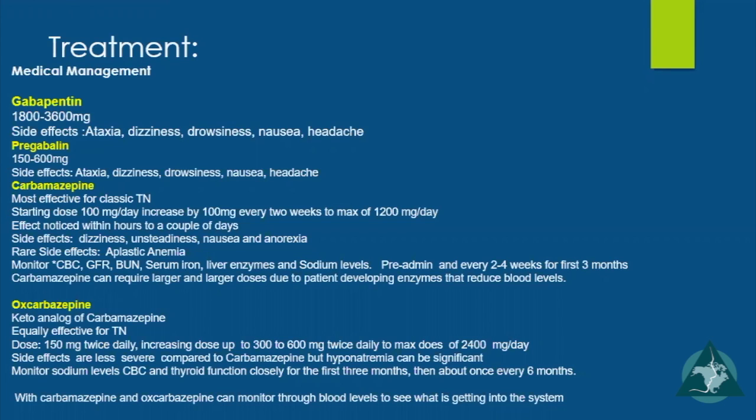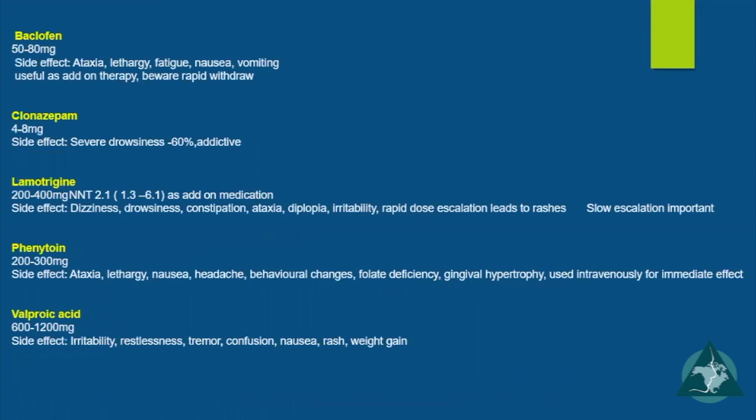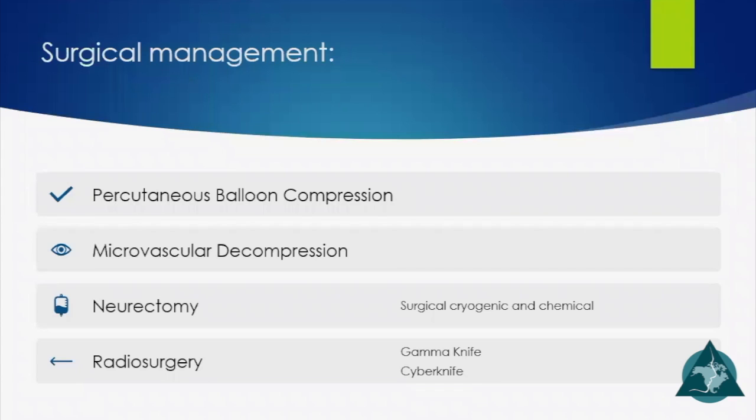But due to their side effects, and sometimes the patient can't tolerate these side effects, they change to the second option of anticonvulsants, which include gabapentin and pregabalin, which have less side effects. Also, we have another list of medications that we use for management of trigeminal neuralgia. And in case the medication doesn't work, surgical management will be the other option.